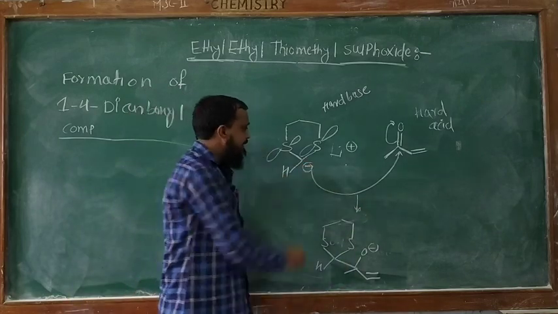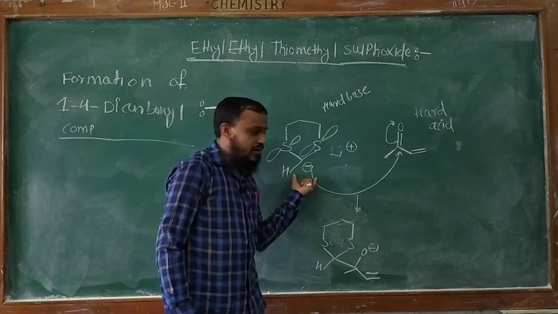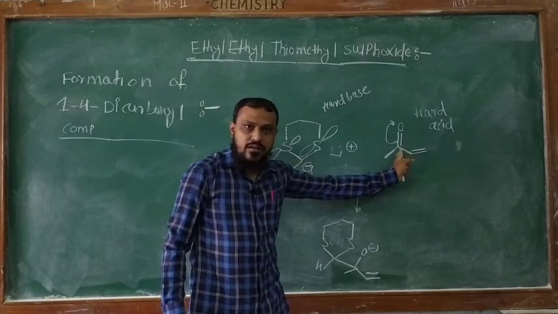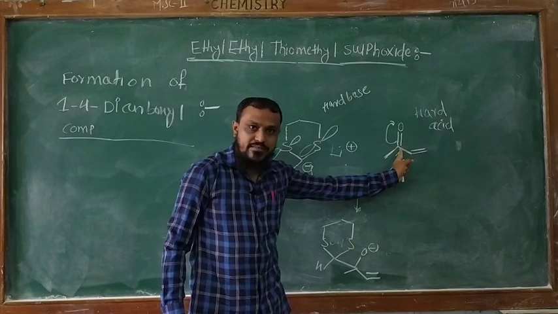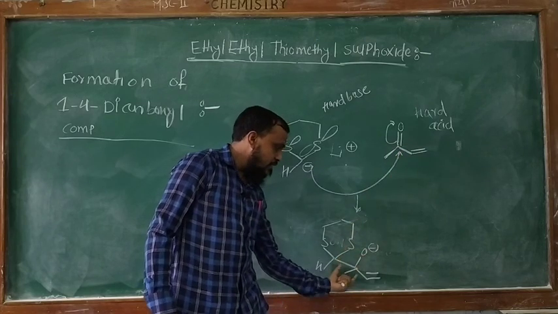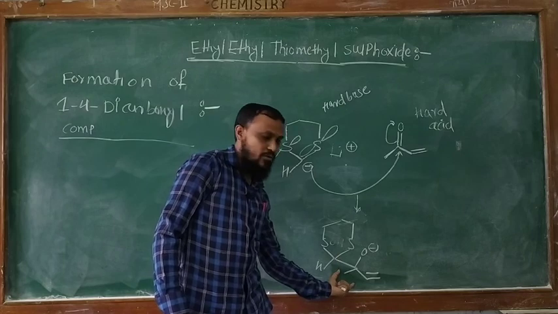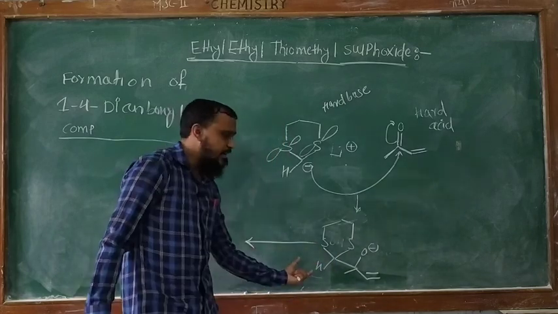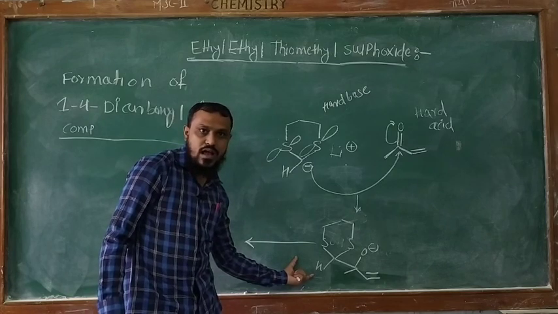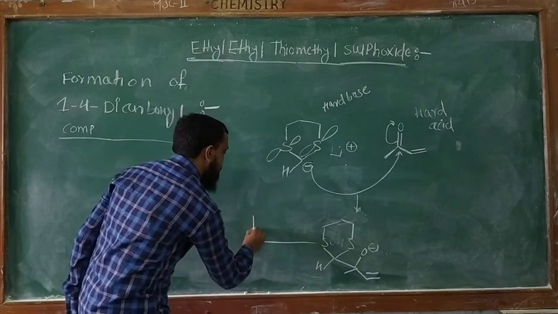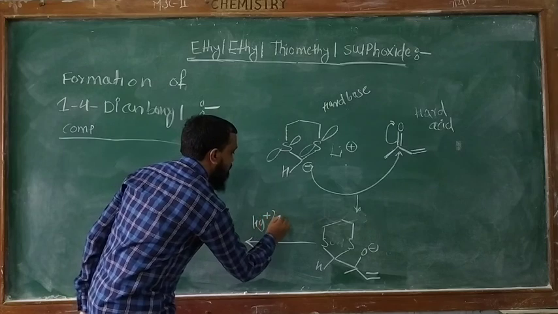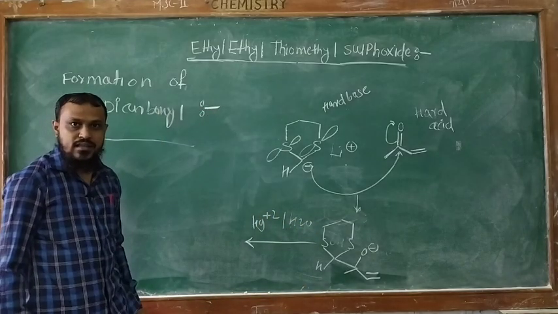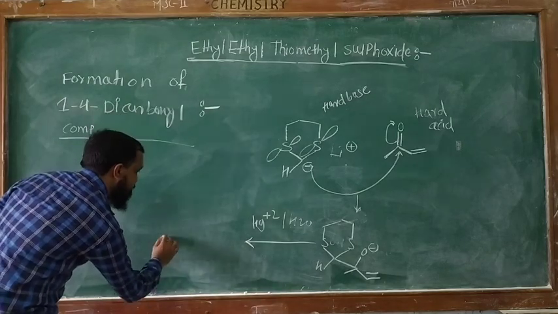Firstly, the negative charge of the lithiated salt acts on the carbonyl carbon atom of the alpha beta unsaturated system to give this type of intermediate product. Okay. After that, this intermediate product undergoes hydrolysis to form an alpha hydroxy carbonyl compound.